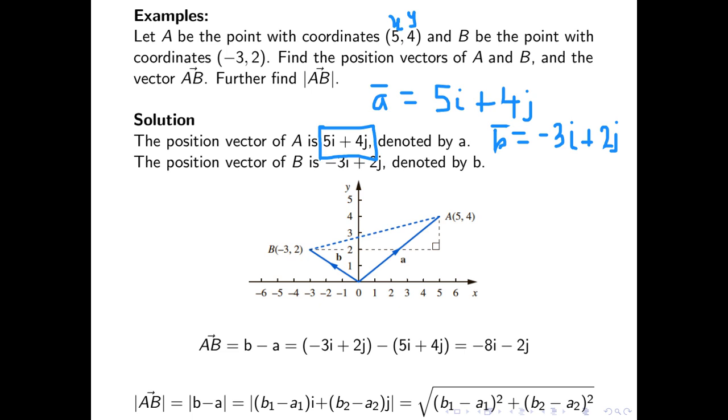I believe you understand why that is the case. All right. We have answered the first two questions. The next question says, find the vector AB.